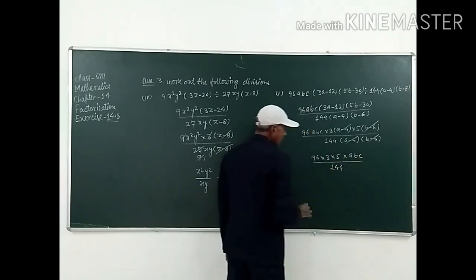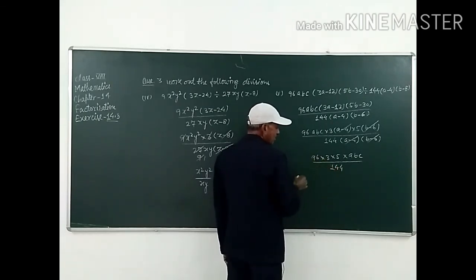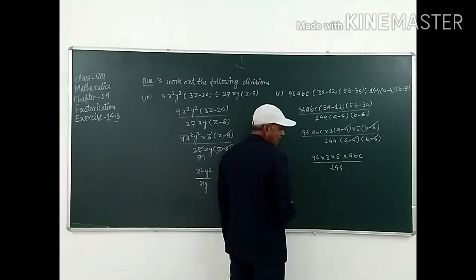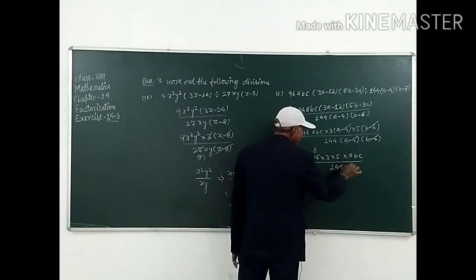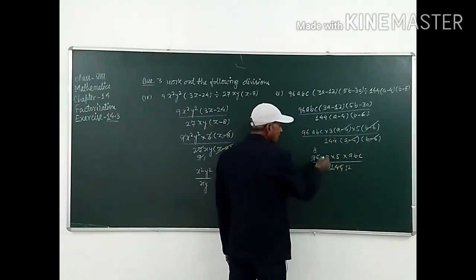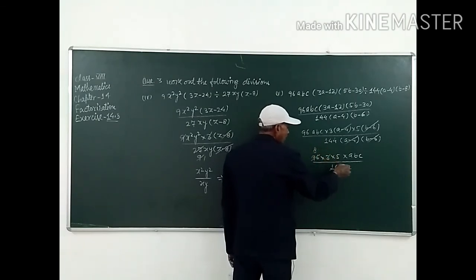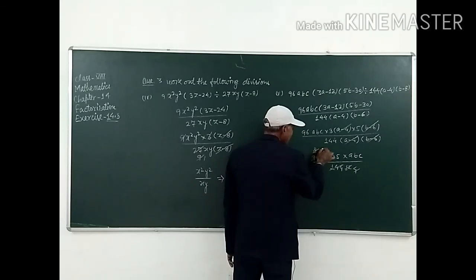Now, we have to divide this 144 and 96, student. So 96 is a multiple of 12 and 144 is also a multiple of 12, student. So 12 times 8 is 96 and 12 times 12 is 144. Again 3 times 4 is 12 and 4 times 2 is 8.